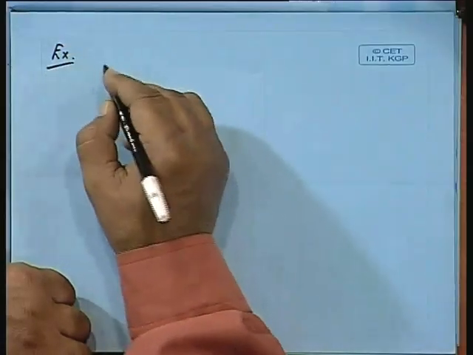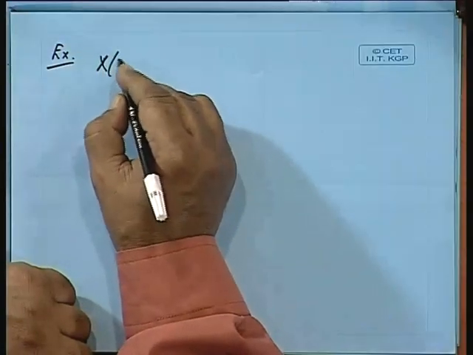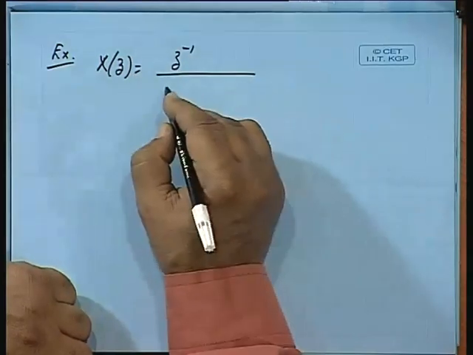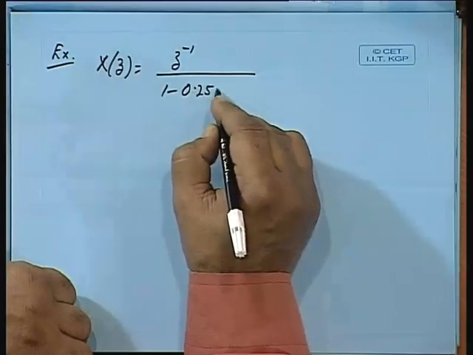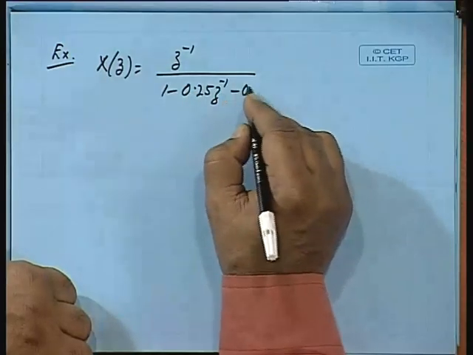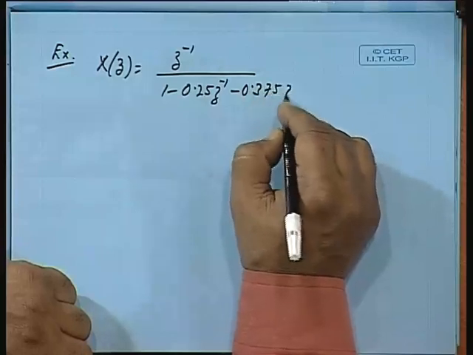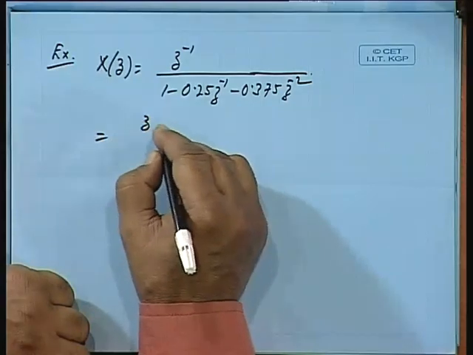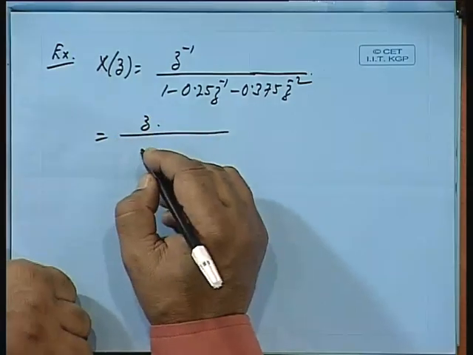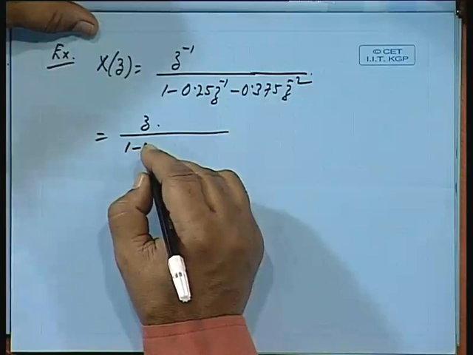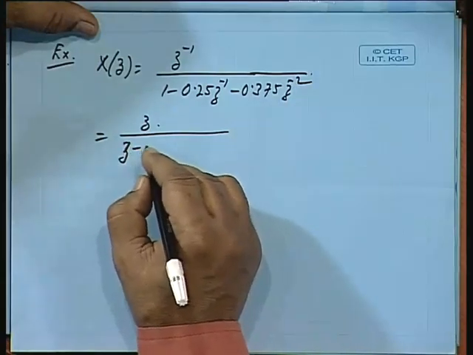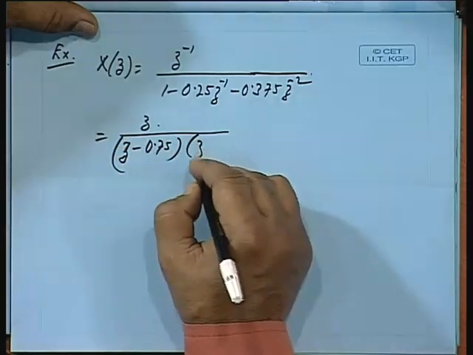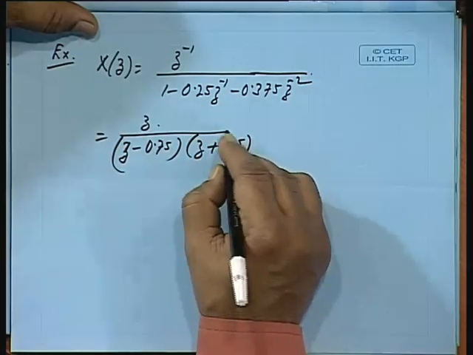Let us take x z, the same example, z inverse by 1 minus 0.25 z inverse minus 0.375 z to the power minus 2, which we took last time. So, this will be z by z minus 0.75 into z plus 0.5, these factors we got last time.